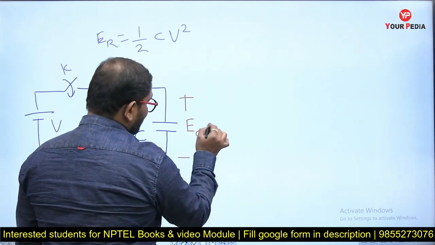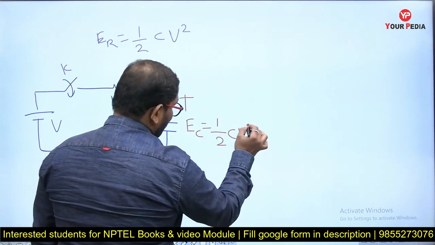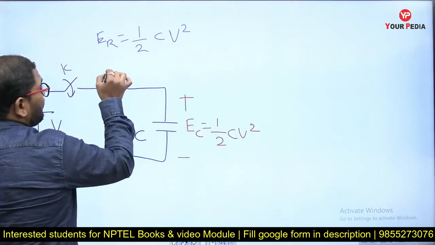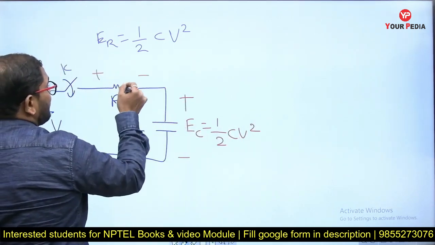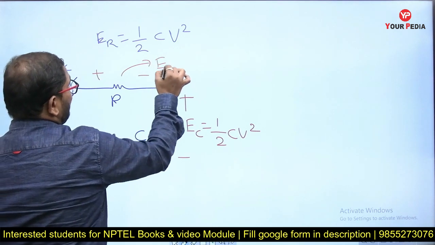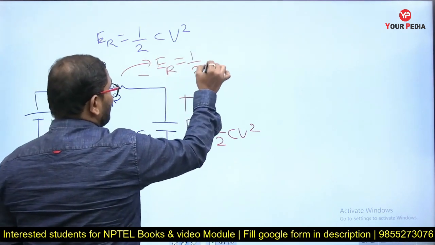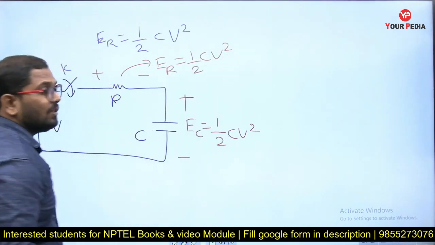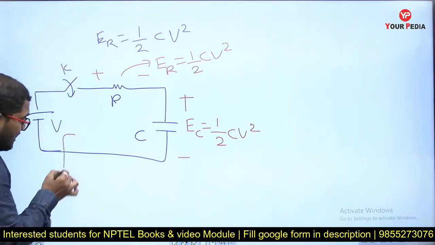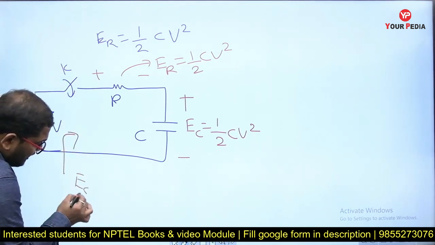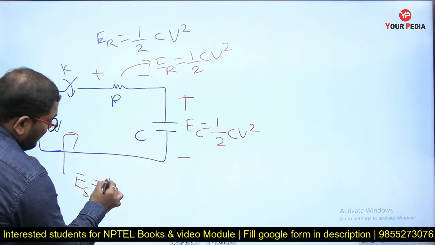Half CV square. What is the energy dissipated by the resistor? It is also half CV square. How much energy is supplied by the source? CV square.